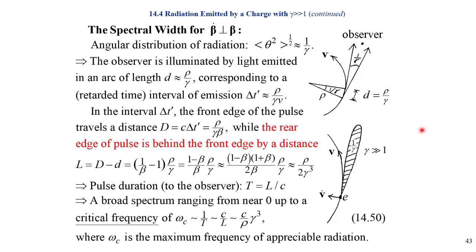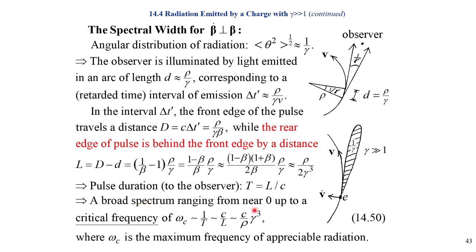If we have a single pulse, we can perform the Fourier transform. If the pulse is very, very narrow, something like a delta function, then the spectrum will be very, very broad, covering all the frequencies. But now the pulse is not like a delta function, but has a finite length, so the spectrum is also finite.